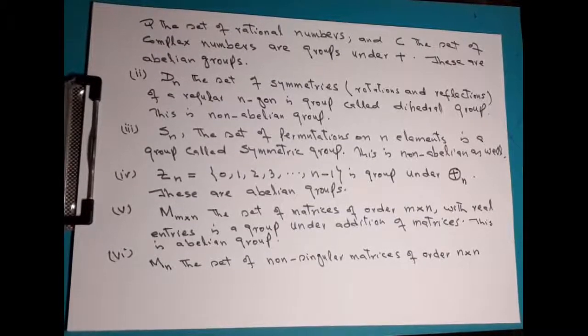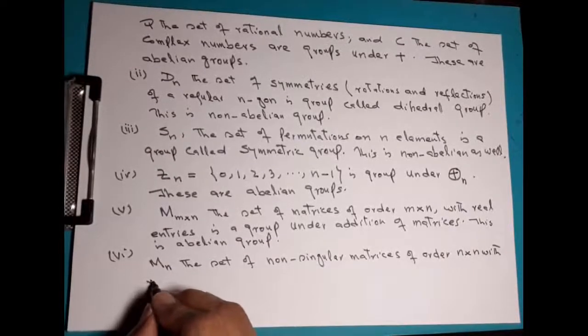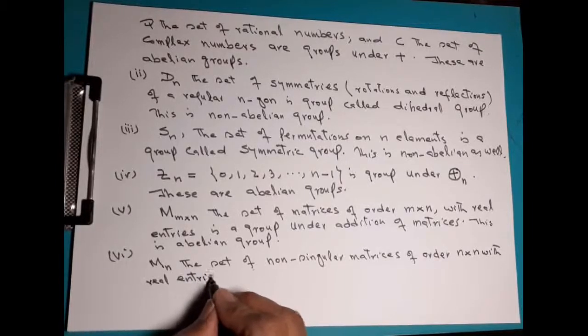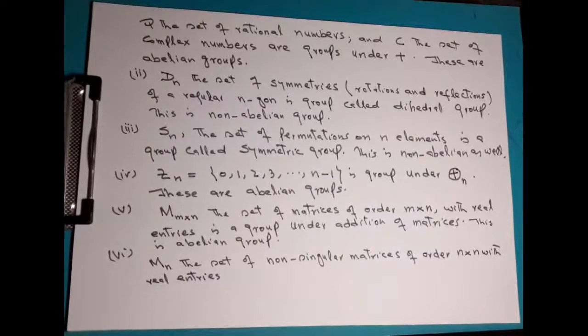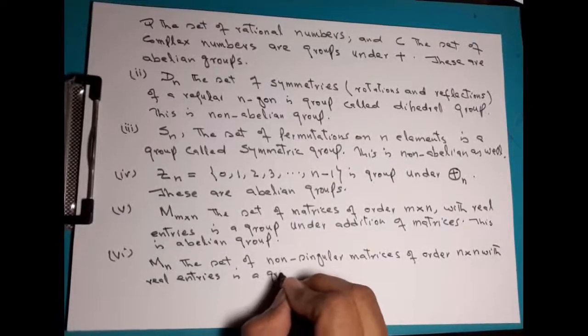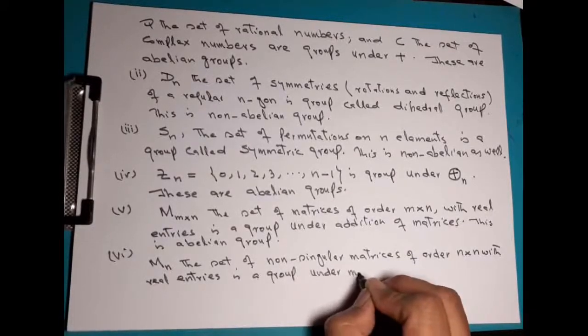So the set of non-singular matrices of order n by n with real entries, meaning the entries of each matrix consist of real numbers. So Mn, the set of non-singular matrices of order n by n with real entries, is a group under multiplication of matrices.